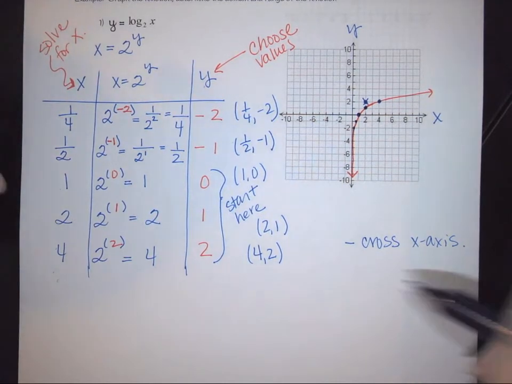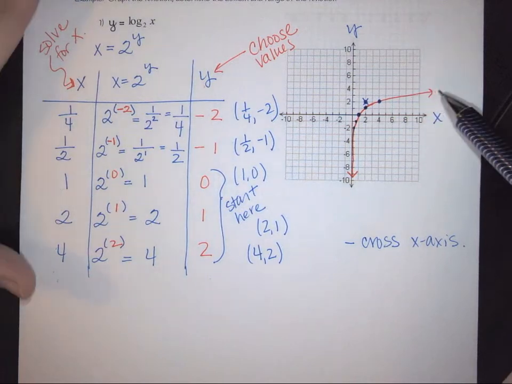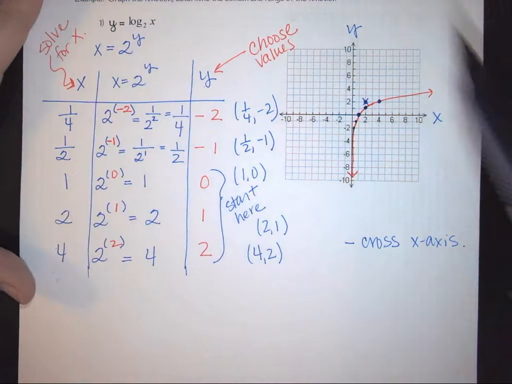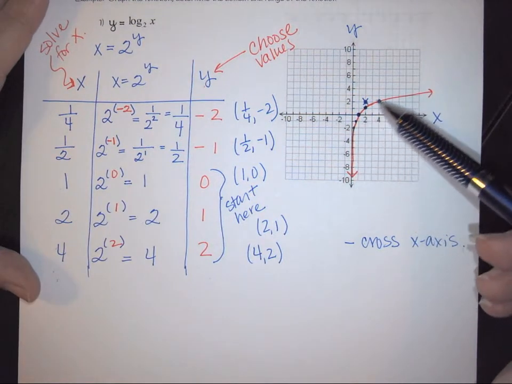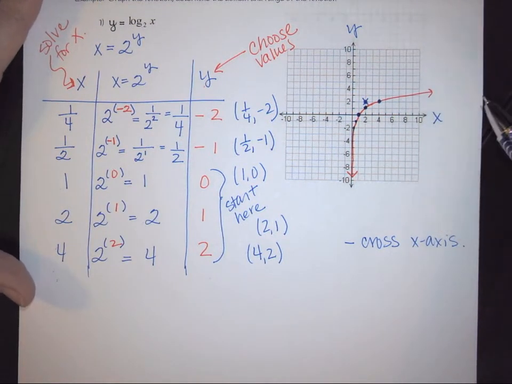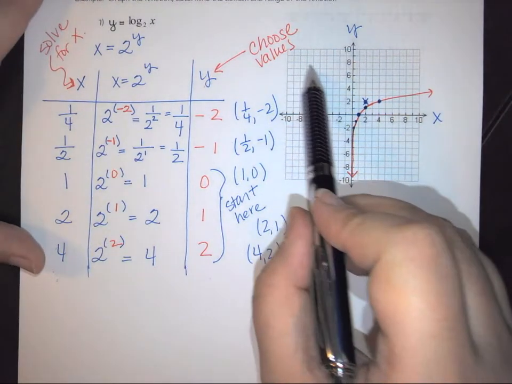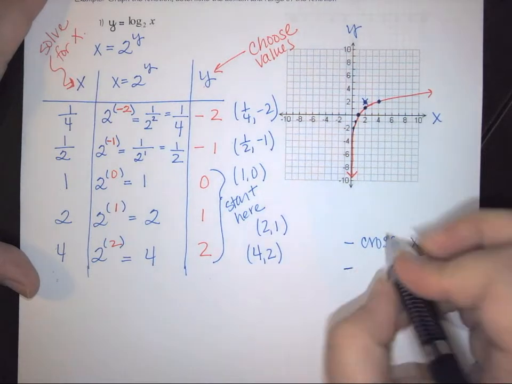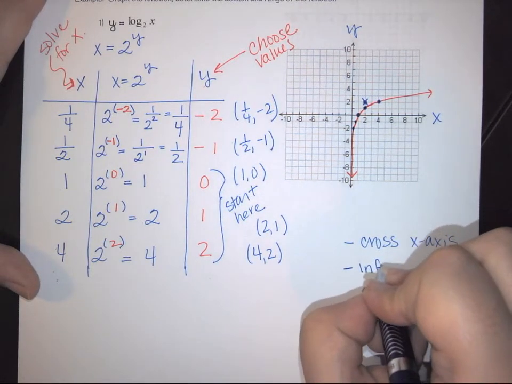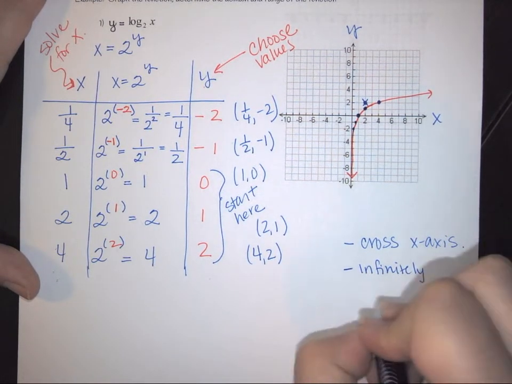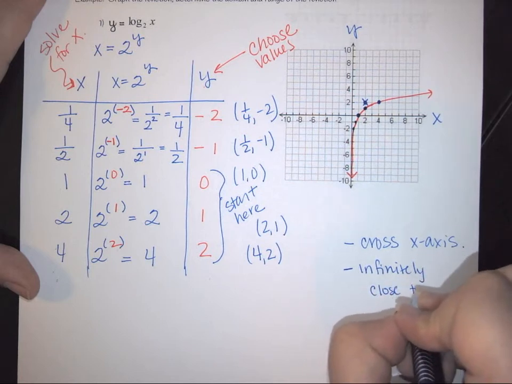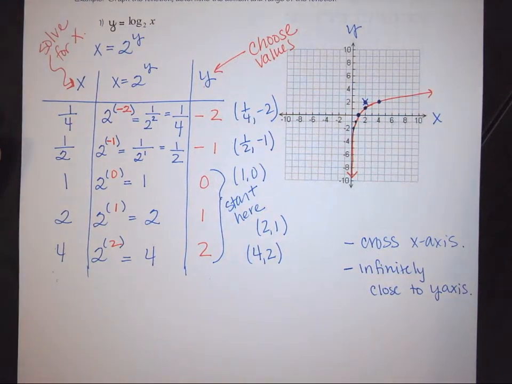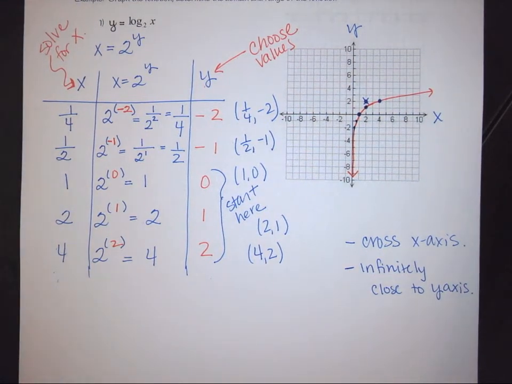That is really the most important thing that we're looking at: you need to make sure that this was originally a log function, which means we needed to have crossed that x-axis. Remember, exponential functions, if that's how you started, would cross the y-axis. So here we're going to cross the x-axis. We're going to get infinitely close to the y-axis. Okay, those are the two things that we have to remember.